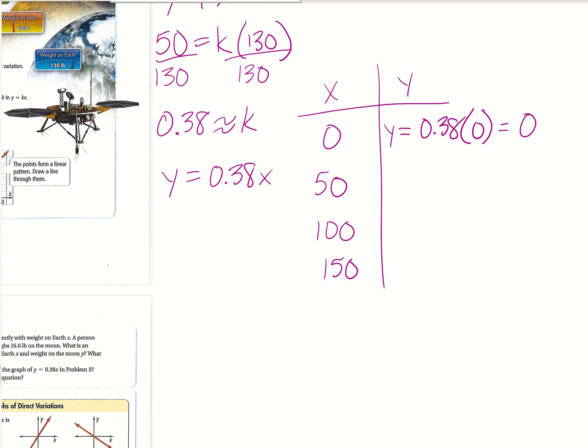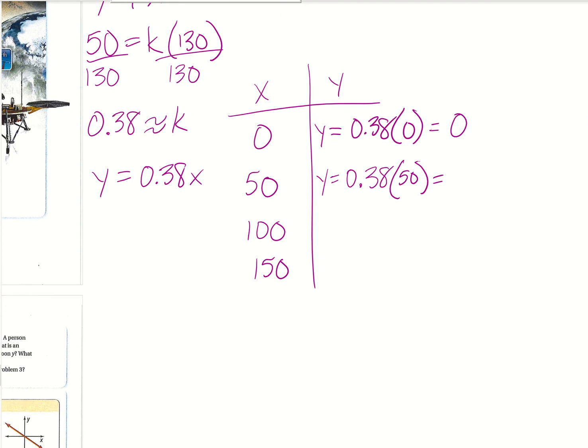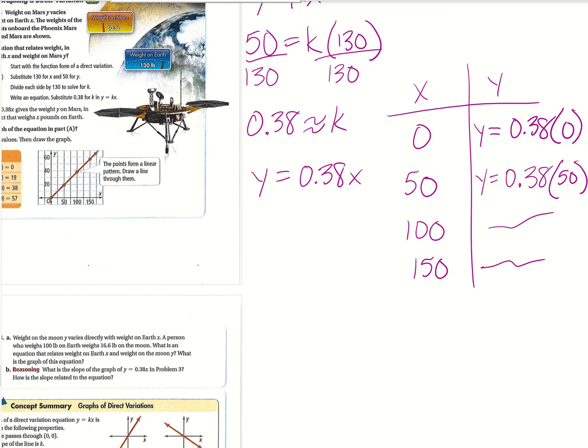So y equals 0 for that one. And then for 50, you'd have y equals 0.38 times 50, which would then equal, I think it's 0.19 probably, or 19. Yeah, not 0.19. That would be 19, and then so on, and that's how you would solve that one.